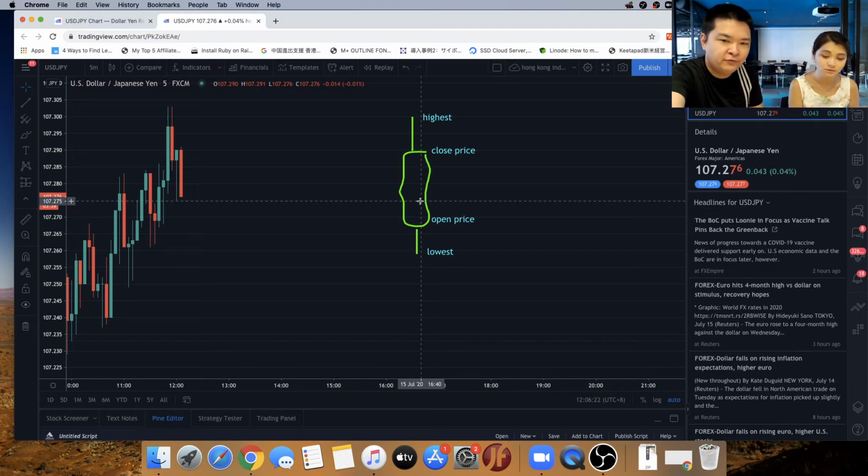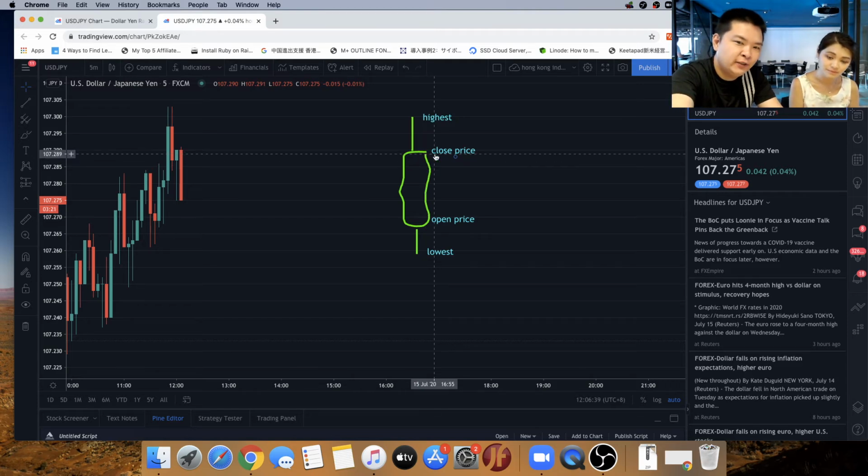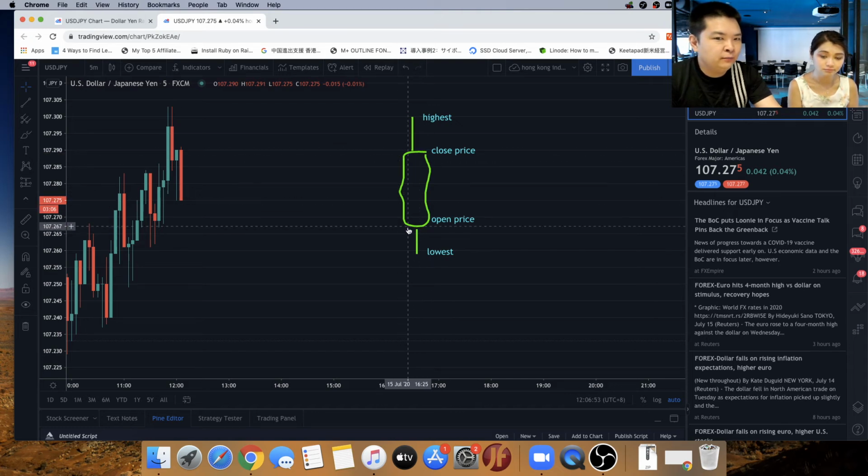During those 5 minutes, let's say it went all the way down to this point, and went all the way up to this point, but finally it closed here. The close price is where it actually closes, and the highest price is the highest it has achieved during those 5 minutes, and here is the lowest price it has achieved. And why is this green? Because the price it closed at is higher than the price it opened.